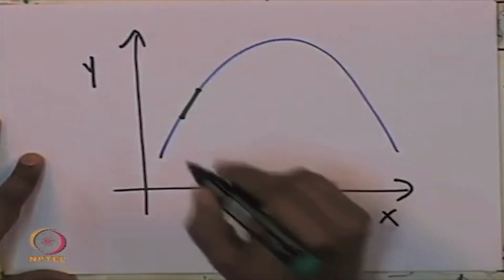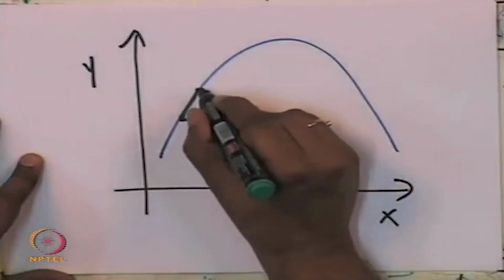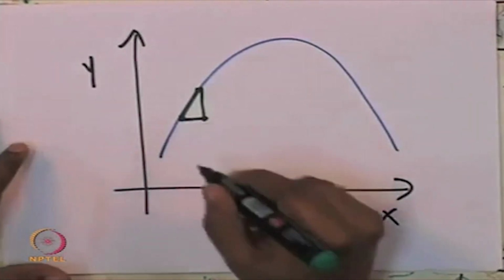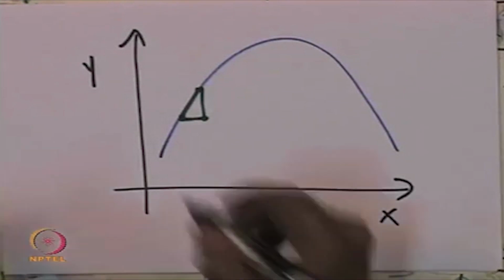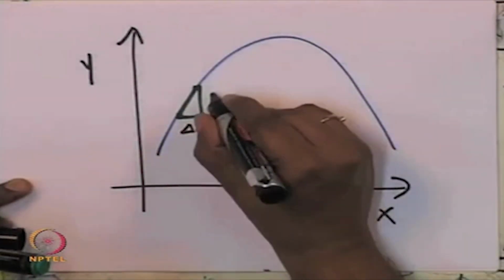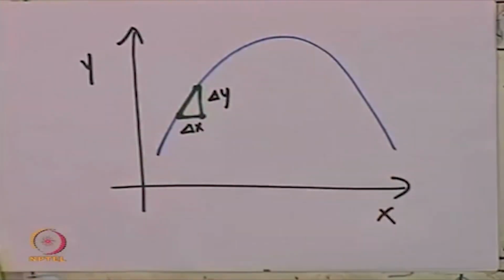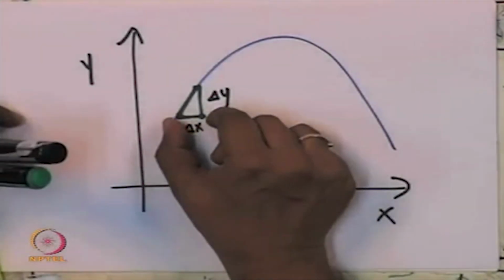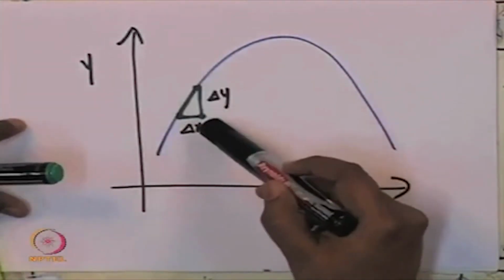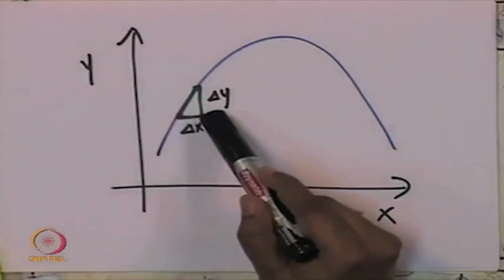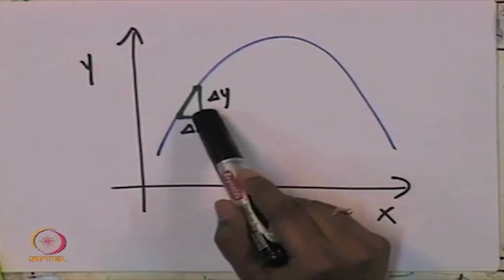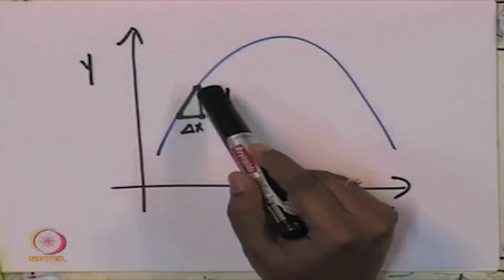Now the slope here is basically the change in x, which is delta x, and the change in y, which is delta y. So, we want to calculate delta x and delta y, and the slope is delta y by delta x. Without doing any calculation, we can say that since delta x is positive and delta y is positive, the slope has to be positive. So, this is some number which is a positive number, and this is some number which is a positive number.